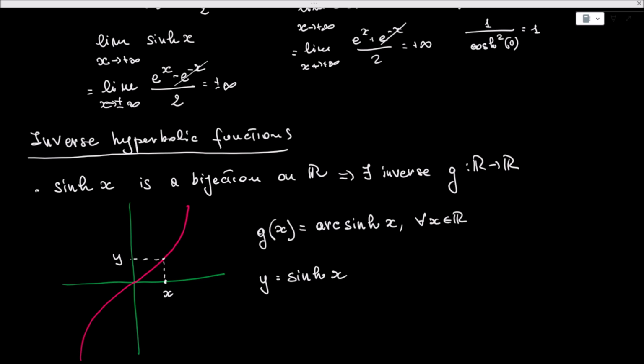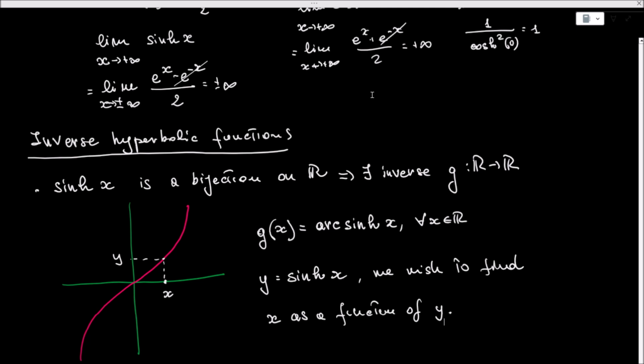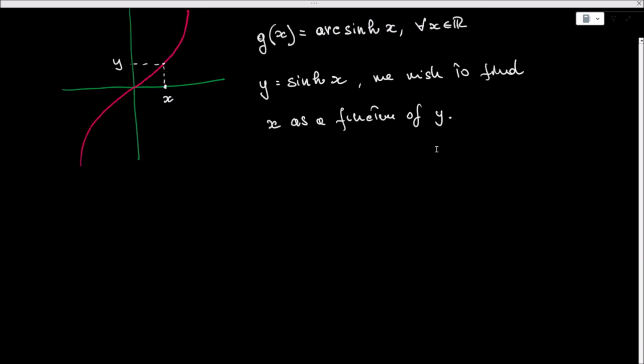Now, what we wish to find is the function that gives x once that we provide y. So we wish to find x as a function of y. Okay, so this is the problem that we are facing now.